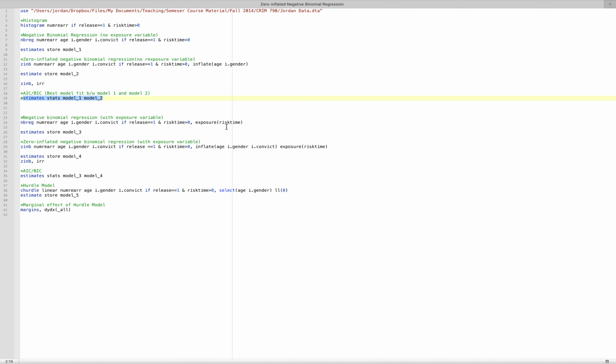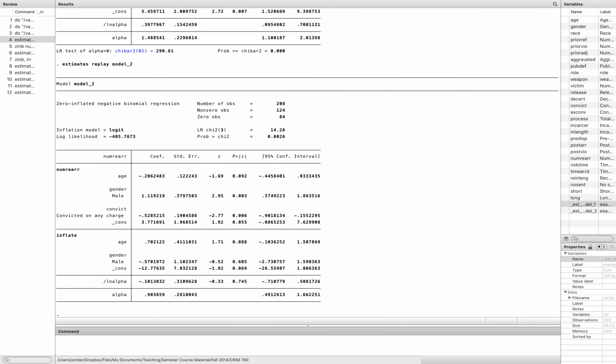You could do the same thing, but I ran it also when it comes to having exposure predictors. If you look at a negative binomial regression, using the same thing, but you put the exposure predictor, the exposure of risk time, in there.